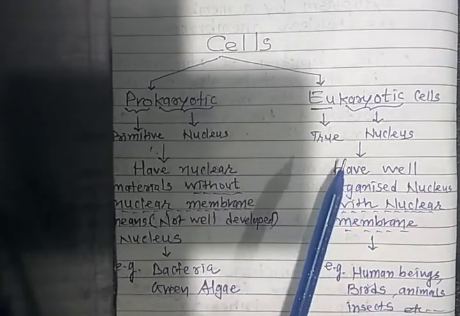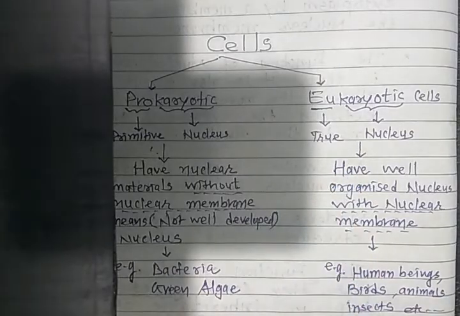In the case of eukaryotic cells, all living organisms except bacteria and green algae have well developed structures.